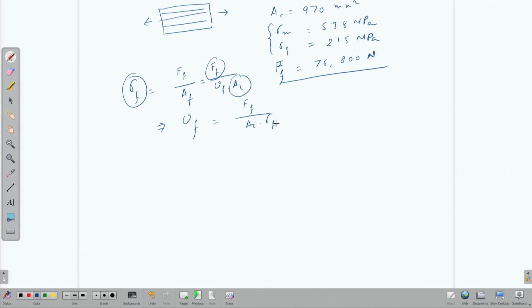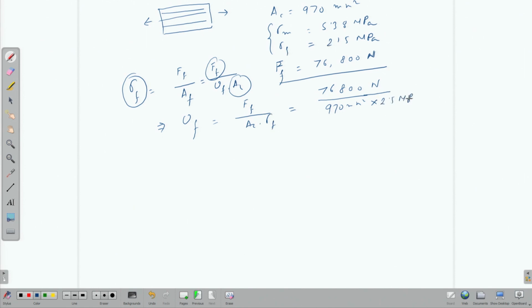Okay. And from here you can plug in the values. F f is 76800, and then A c is given as 970 mm square, and this is in Newton. So, all unit conversion has to be done, multiplied by sigma f, which is given.